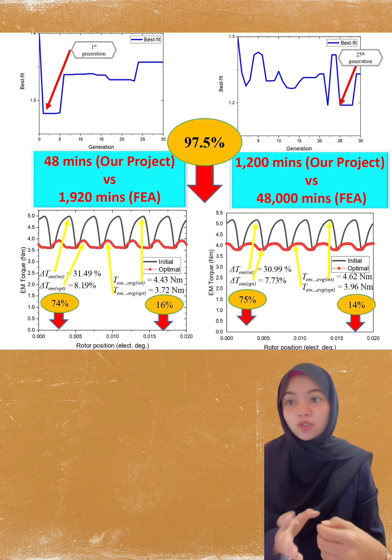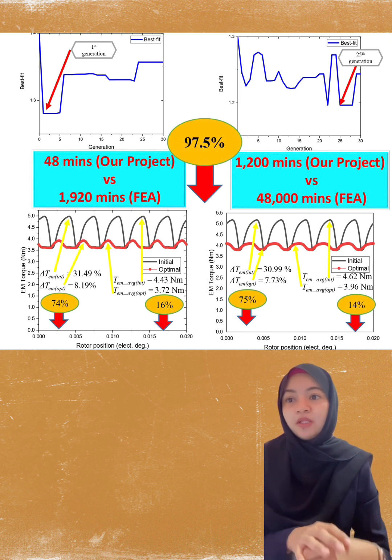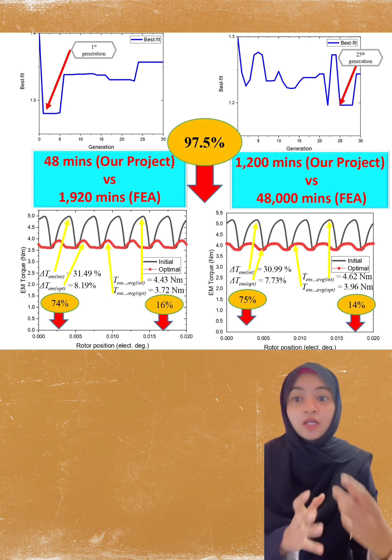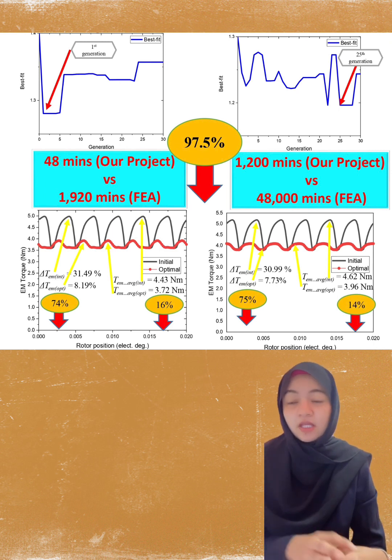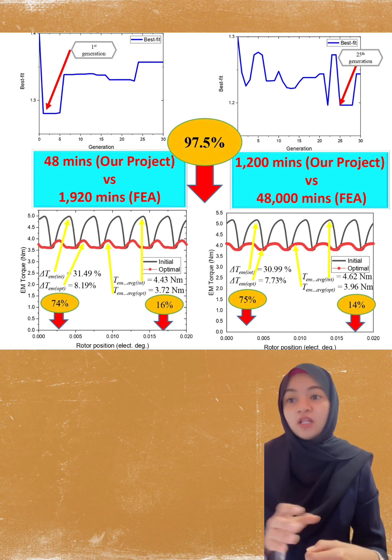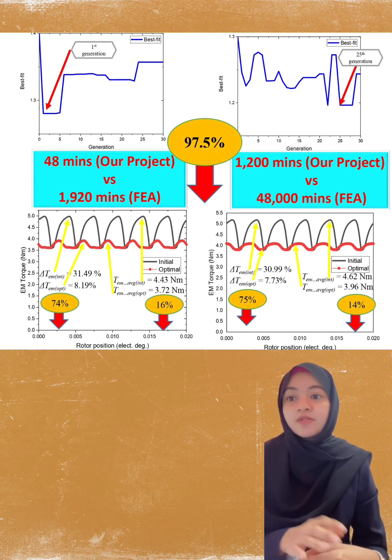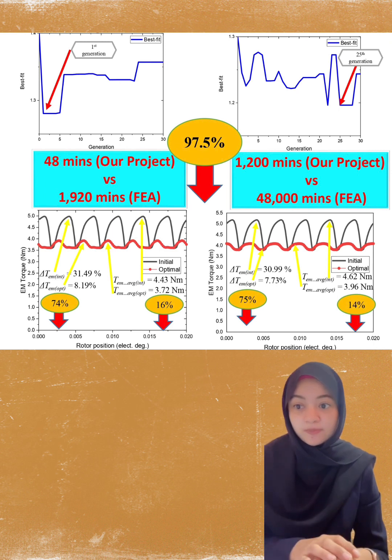This figure shows the comparison between optimum design and initial design of electromagnetic torque during on-load condition in radial magnetization pattern. As we can see from this figure, the magnitude of electromagnetic torque ripple has been reduced about 74%. Meanwhile, the average electromagnetic torque has also been reduced about 60%.